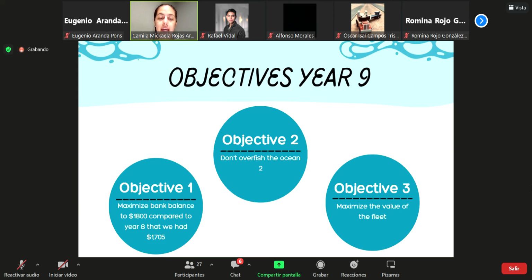In this case, we have $18,000 for the year compared to year 8, when we just had $17.02. The second objective is to not overfish Ocean 2. And the last objective is to maximize the value of the fleet we currently have.